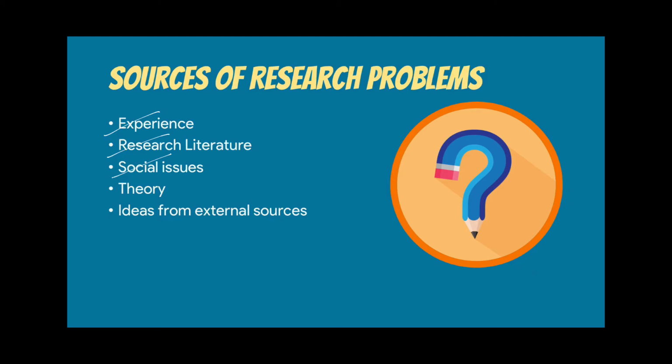Another source of research problems is a theory. Probably you know a theory and you want to test whether that theory will help explain certain relationships among the variables you want to test. For example, you want to see whether child athletes or young athletes are able to meet their needs in order to have good sports performance.